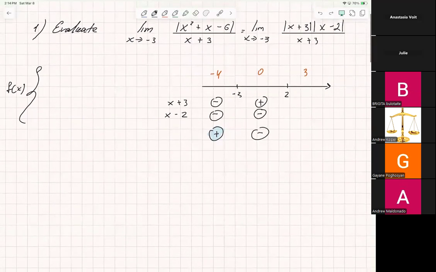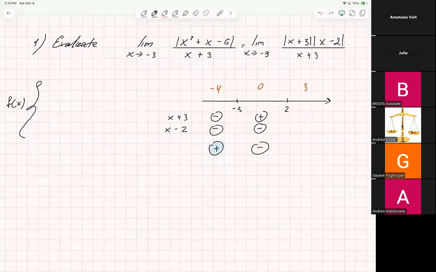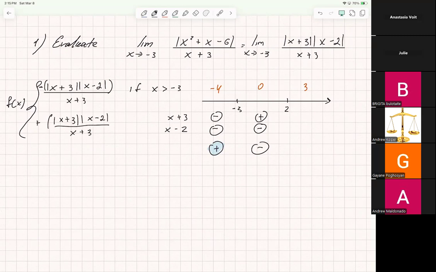So now we would have x plus 3, x minus 2 divided by x plus 3 with a negative sign in front if x is greater than -3, and with a positive sign, x plus 3, x minus 2 divided by x plus 3, if x is less than -3.